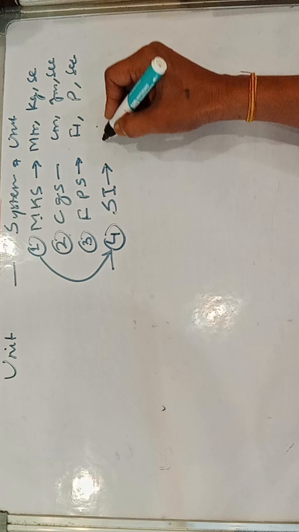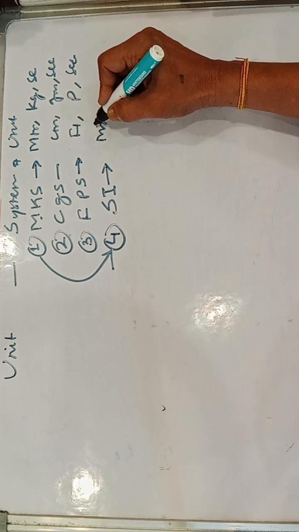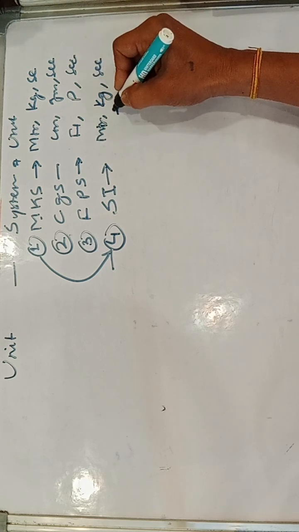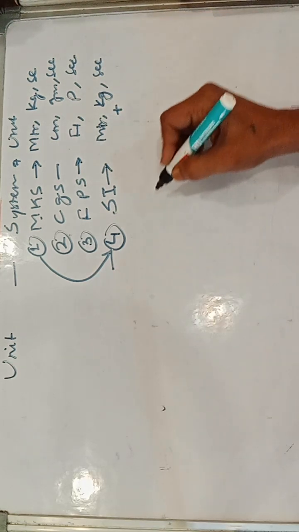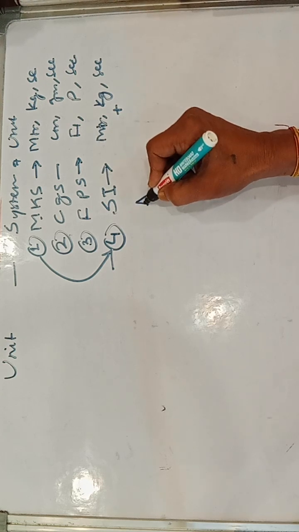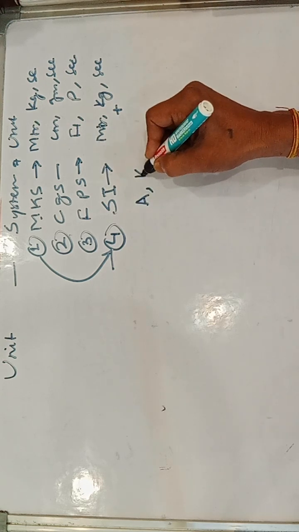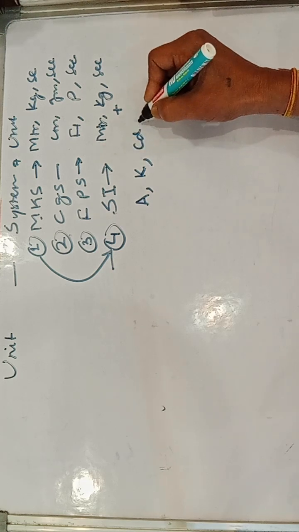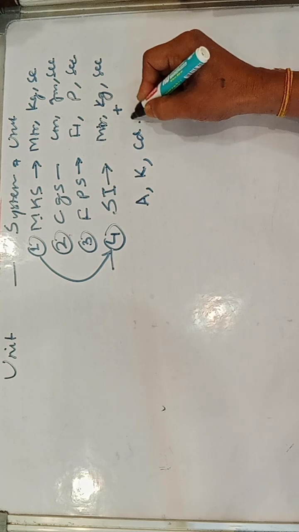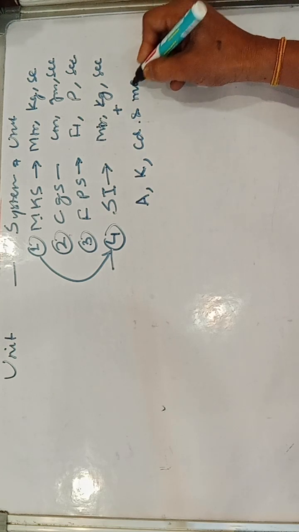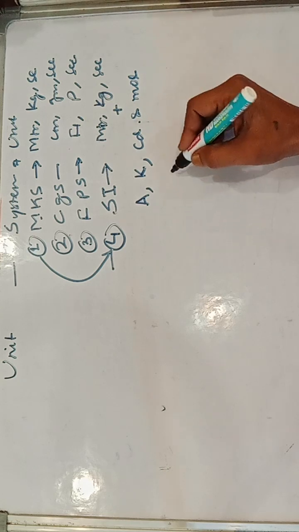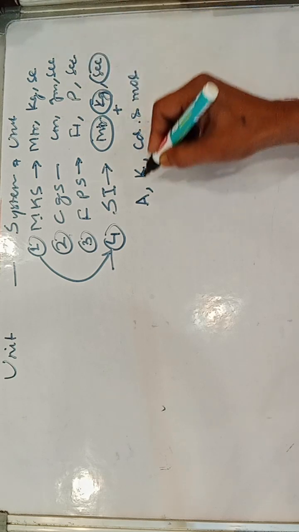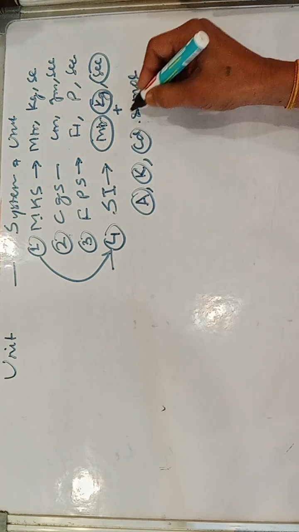In SI system, we have meter, kg, second, along with ampere for electric current, Kelvin for temperature, candela for light intensity, and mole for amount of matter. Here we have 7 fundamental units in SI system.